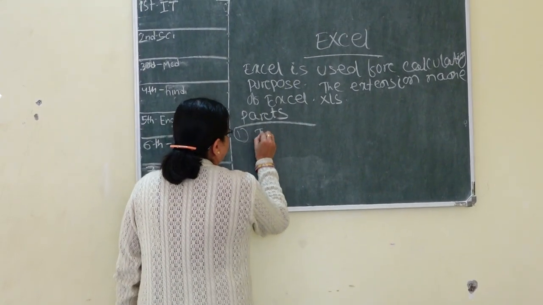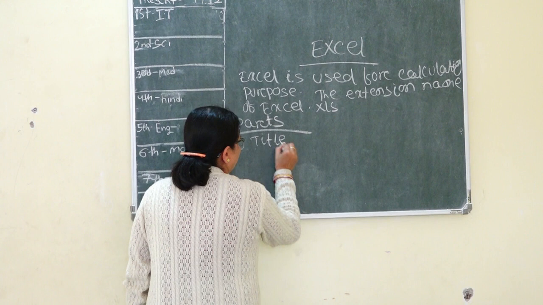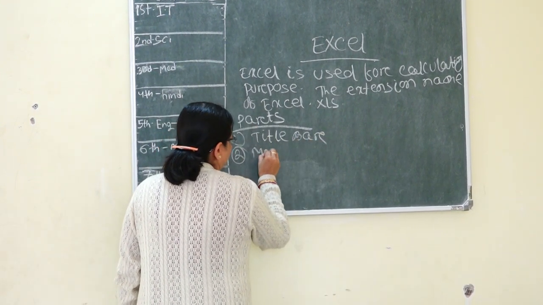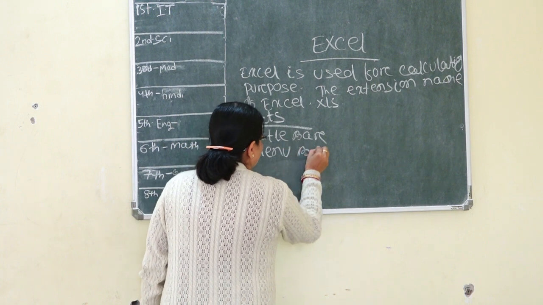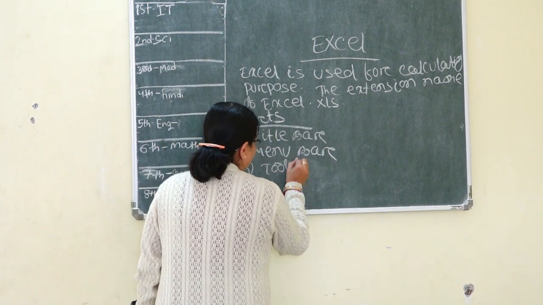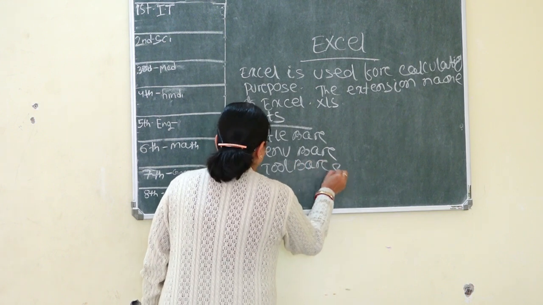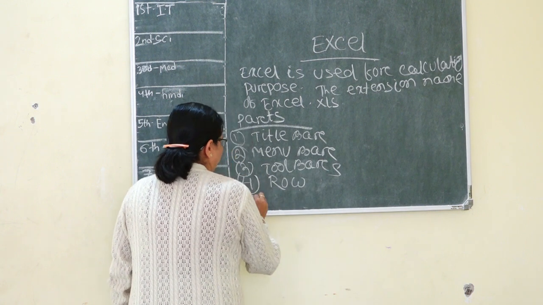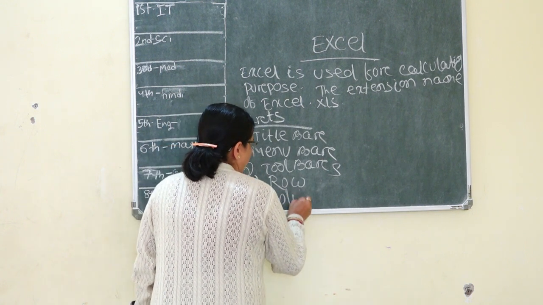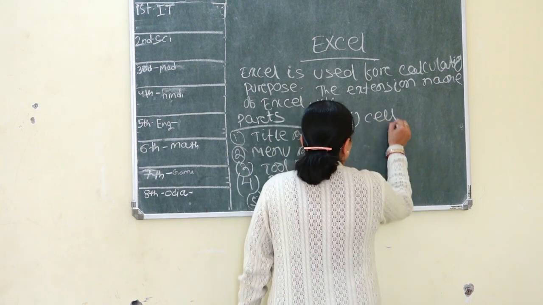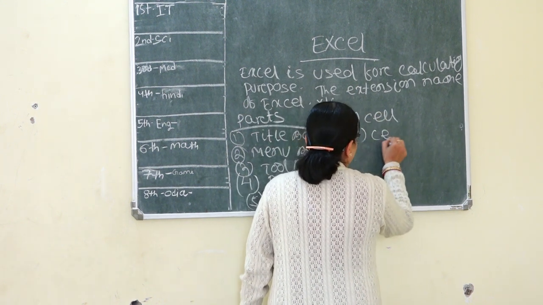Number 1, title bar. Number 2, menu bar. Number 3, toolbars. Number 4, row. Number 5, column. Number 6, cell. Number 7, cell address.